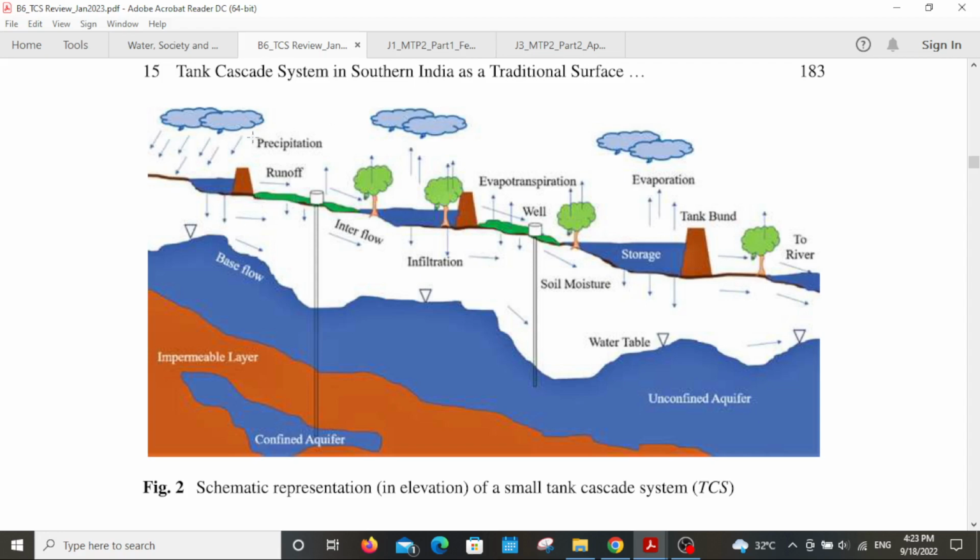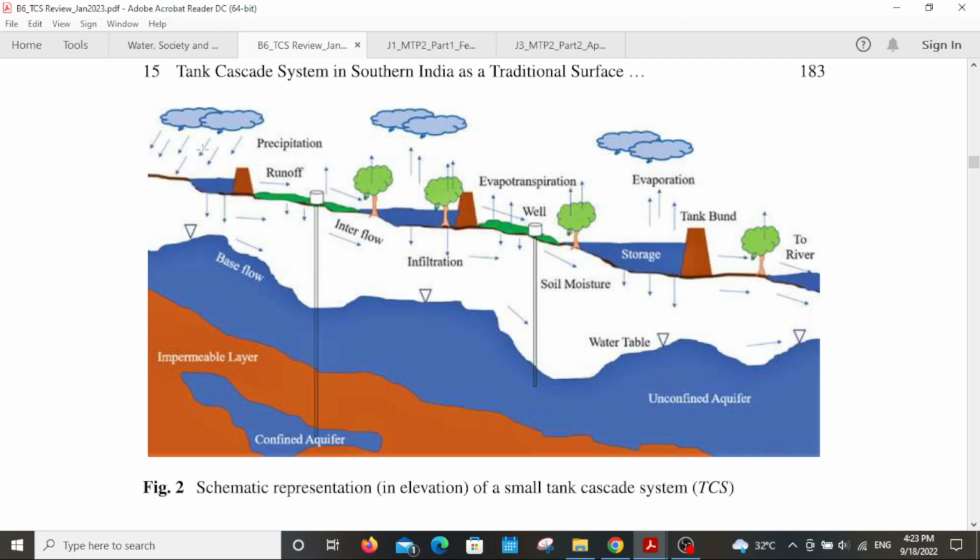Here are clouds, resulting in precipitation or rainfall. And these structures are basically the tanks. As you can see, these are earthen embankments constructed across streams.